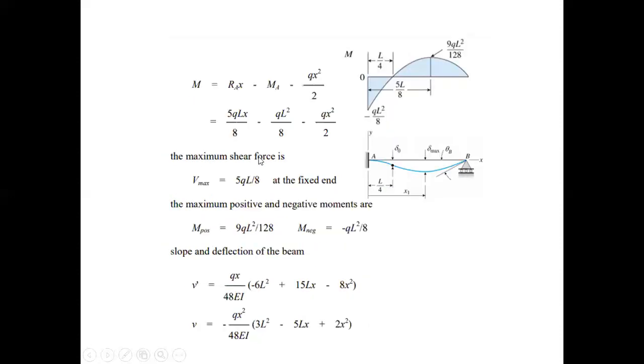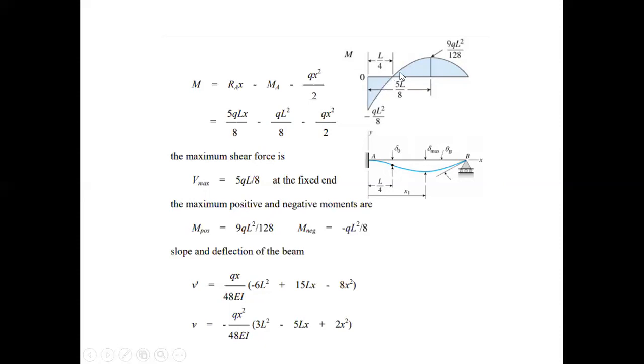Now the maximum shear force, if we plot a shear force diagram for it. We have already calculated the shear force, so let us plot a bending moment diagram for it. The bending moment diagram will be like this. This portion is a positive moment, and this portion is giving a negative moment.